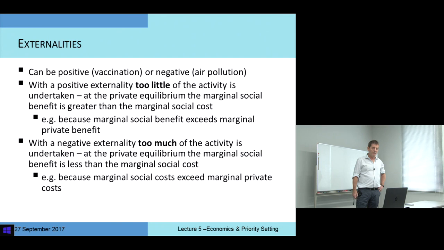So, for example, a firm producing some sort of manufacturing output doesn't just produce the units of the output, but they also produce waste products, which they release either into water courses or into the air. When they look at their private marginal cost, they're thinking of how much they pay the employees to work a bit more, how much additional raw material they need, how many more machines they require.